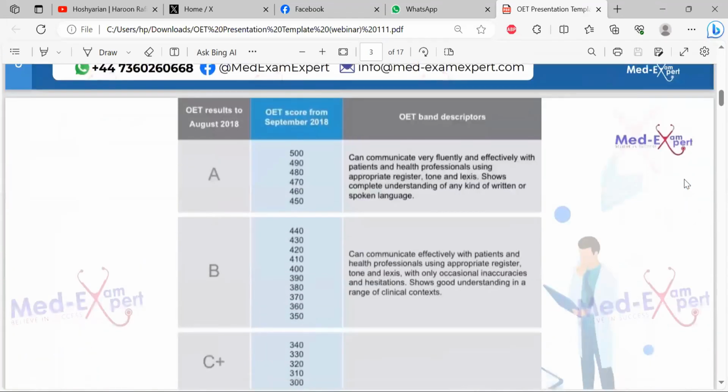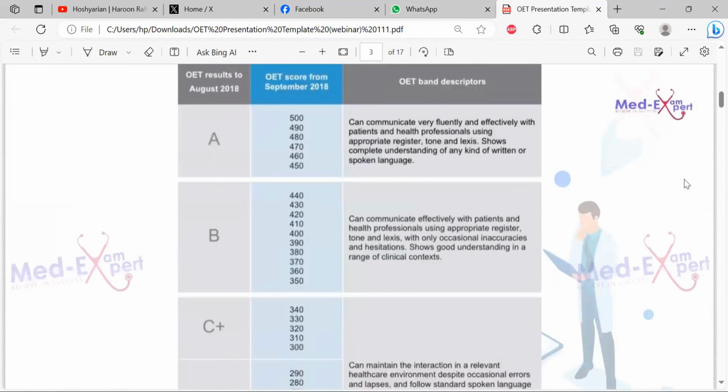So this is the grading and scoring system from the official OET website, which you can see on the screen. If your grade is A, what must be your score? It is from 450 to 500, as the total score is 500.